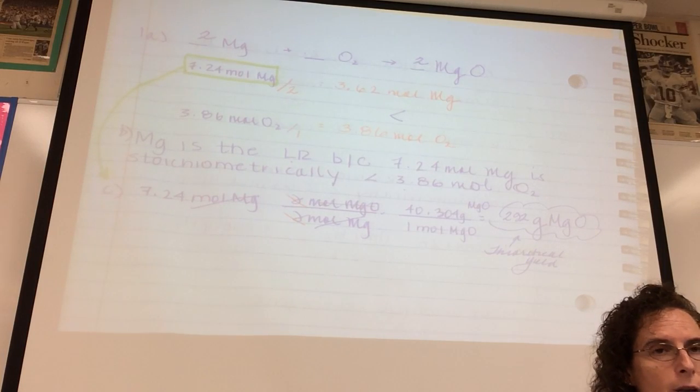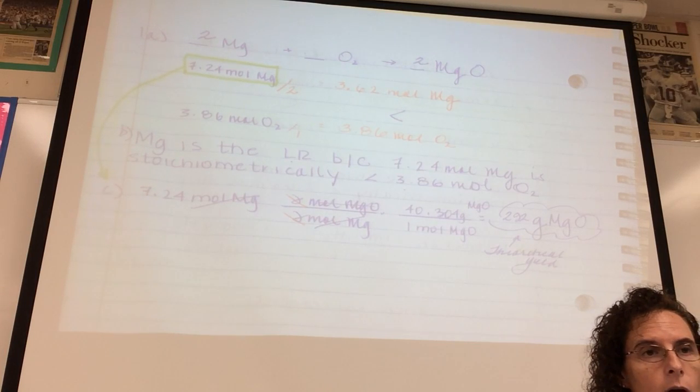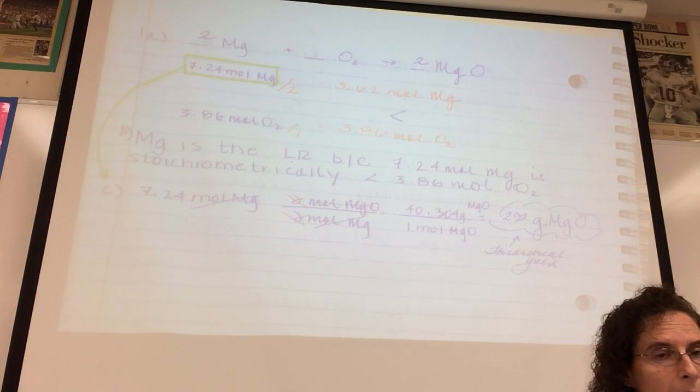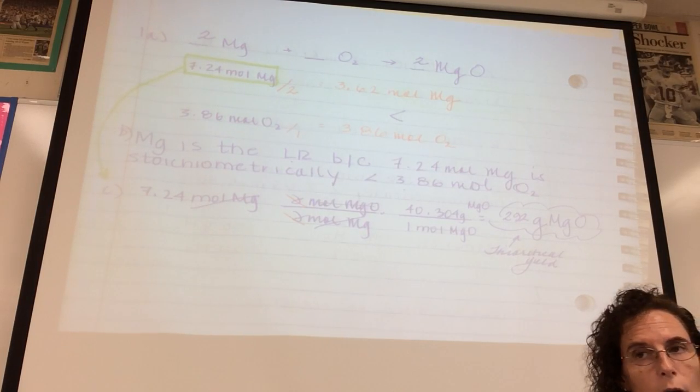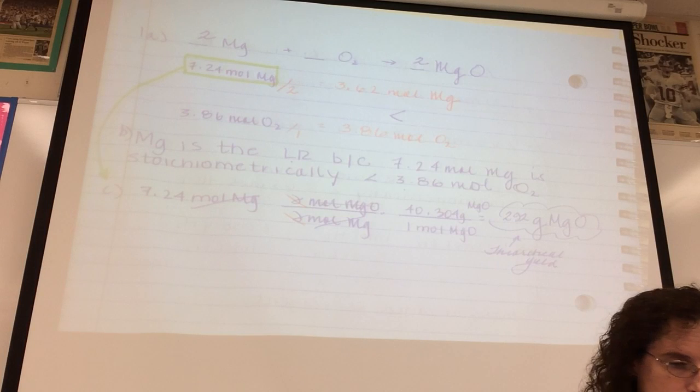You'll determine your theoretical yield, your actual yield, and then you'll see how good of a job you've done. And in general chemistry labs in college, typically the only thing you're graded on is how much product you make and how it compares to what you should have made. So what was your percent yield, which we'll get into next time.